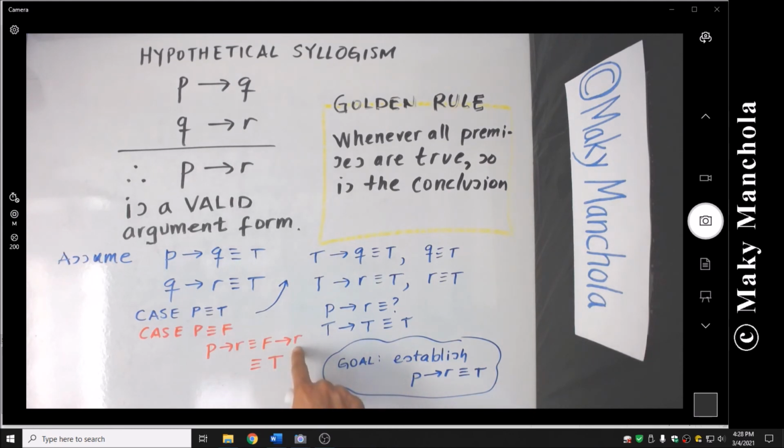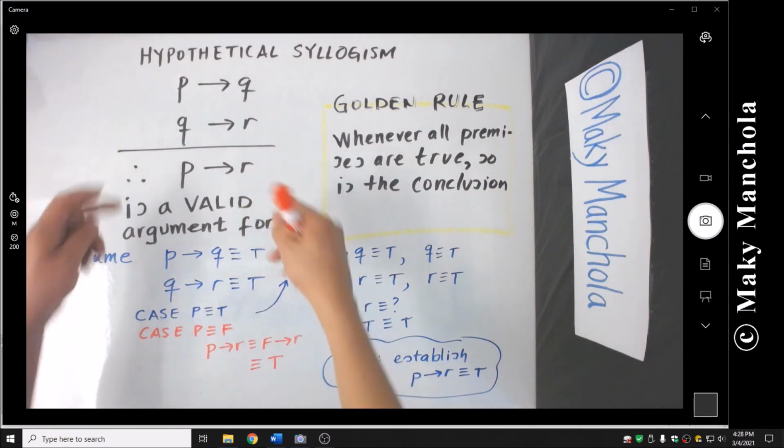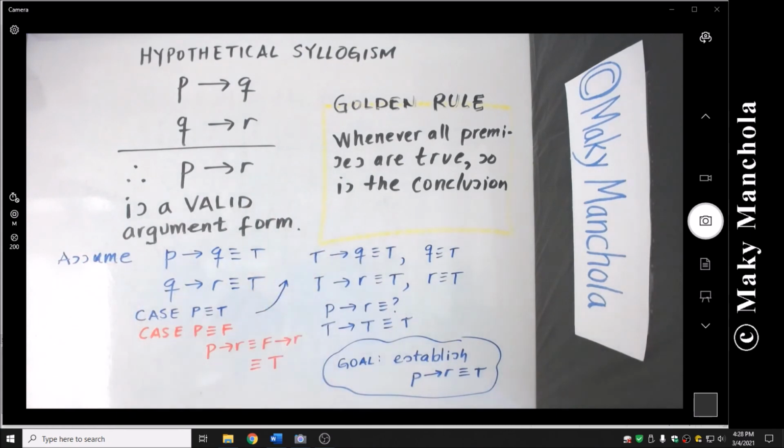So regardless of R, the conclusion turns out to be true. So our goal has been achieved. We established that P implies R is true under the assumption that both premises were true.